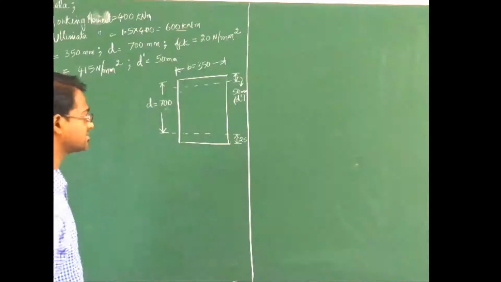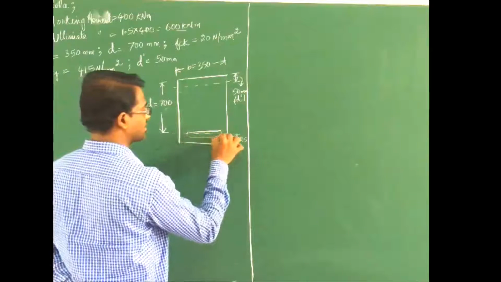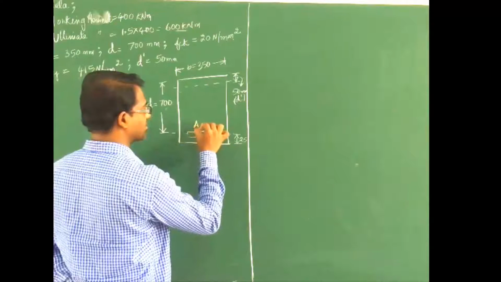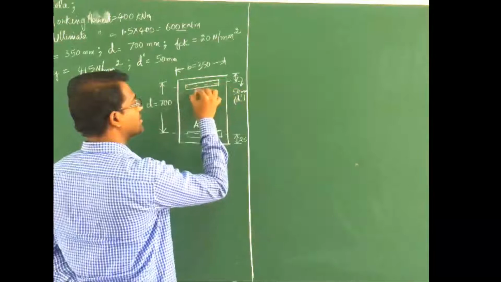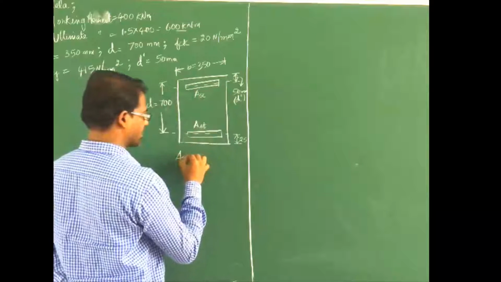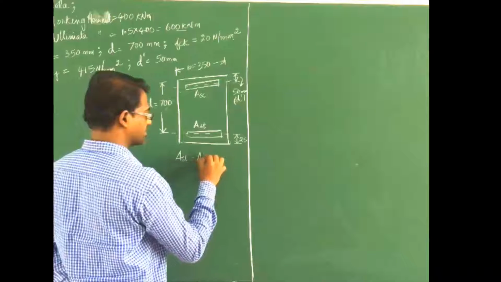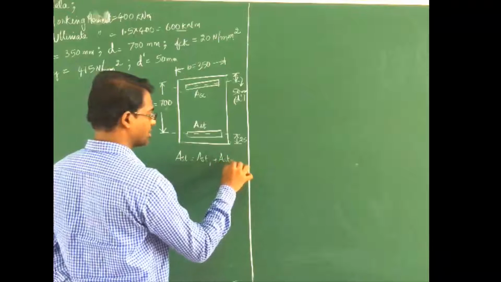In page number 96, if you are stating the tension steel here as AST, and you have reinforcement here as ASC, AST is calculated as AST1 plus AST2.